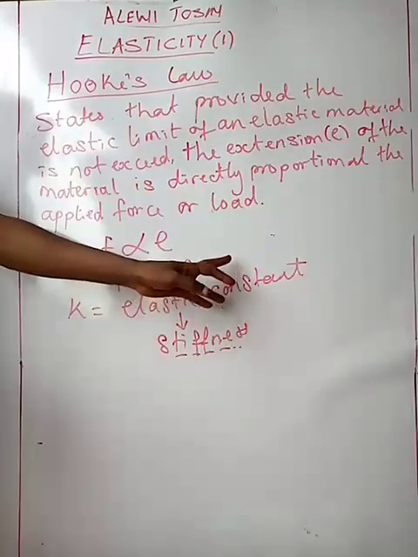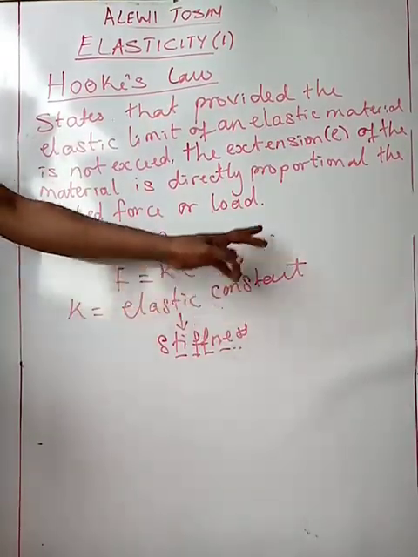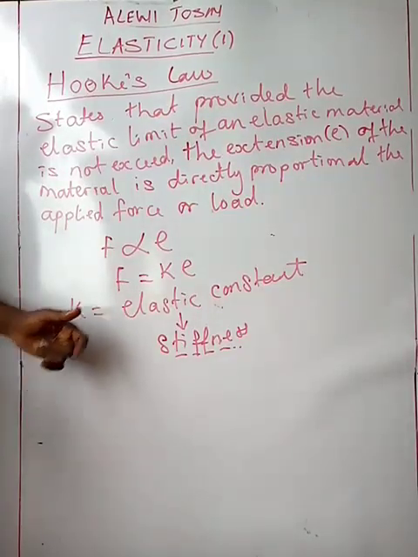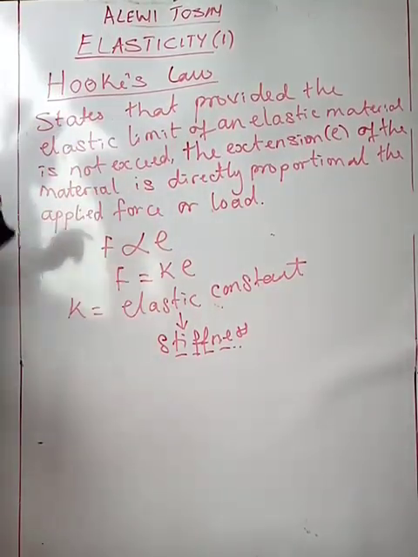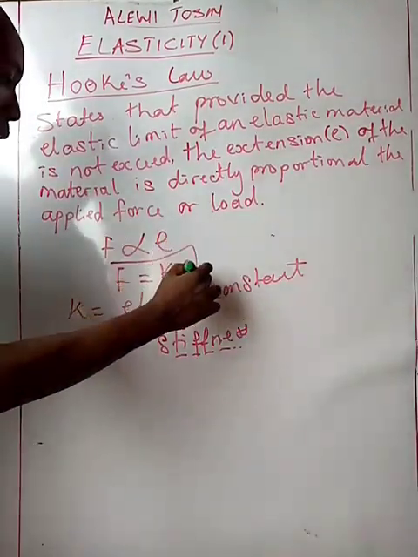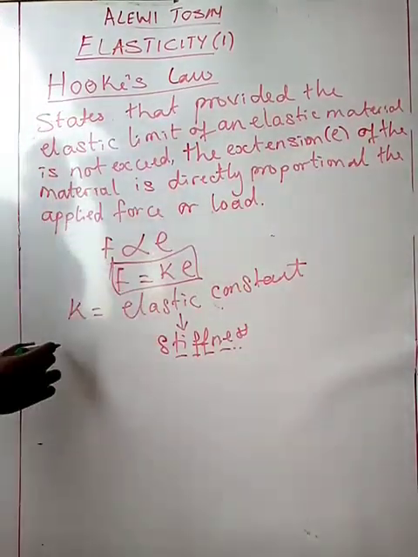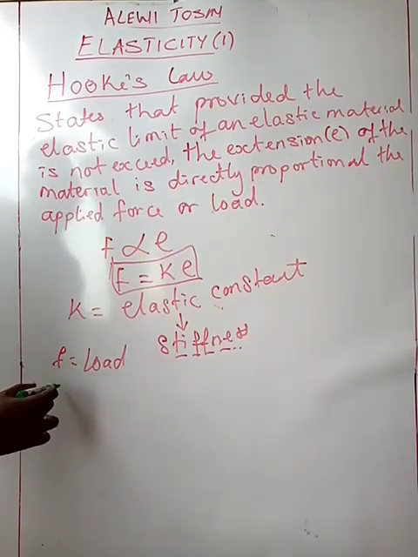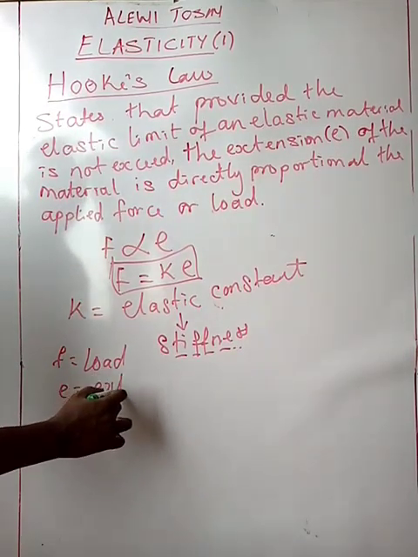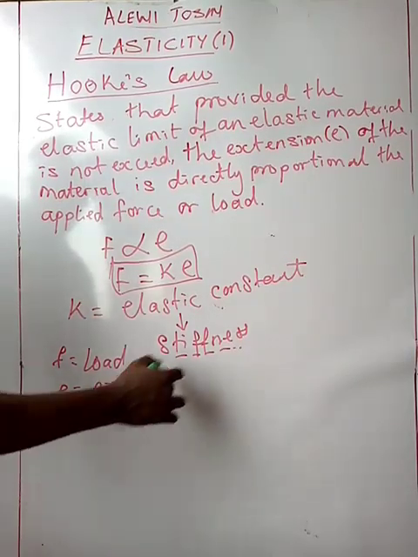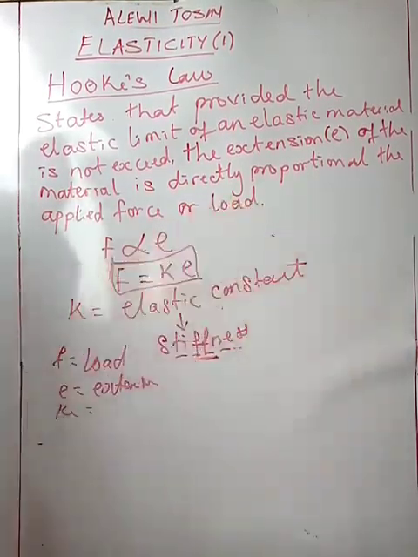So before we could go further in determining the extension or the force applied, we need to know the stiffness, that is the elastic constant, of a given elastic material. So we say F equals K E, where F is the load or applied force, E is the extension, and K, like I said, is the stiffness or elastic constant.